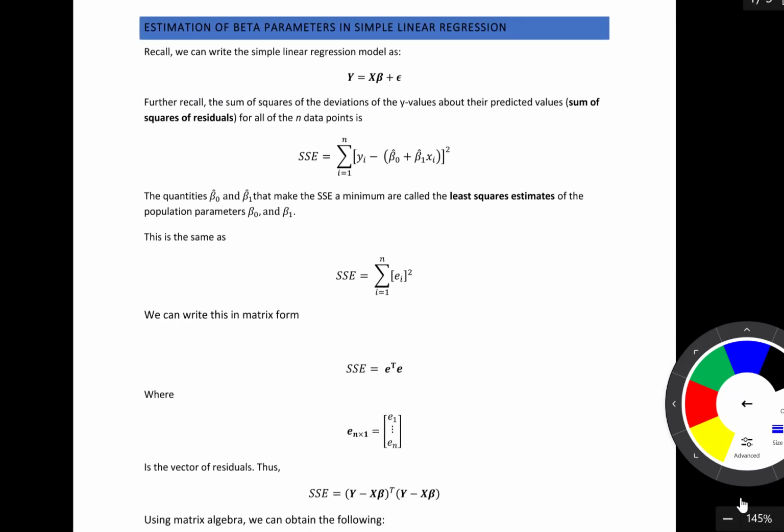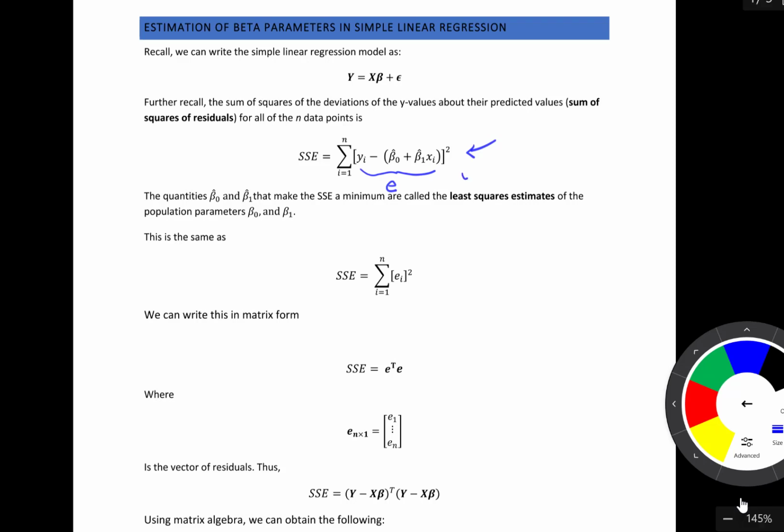All right, so again, we can write our simple linear regression model as follows. The other thing to recall here is that the sum of squares of the deviation of the y values about the predicted values, in other words, the sum of squares of the residuals for all the n data points, is as follows. Remember that we saw in Module 2, this piece right here is actually equal to the residuals.